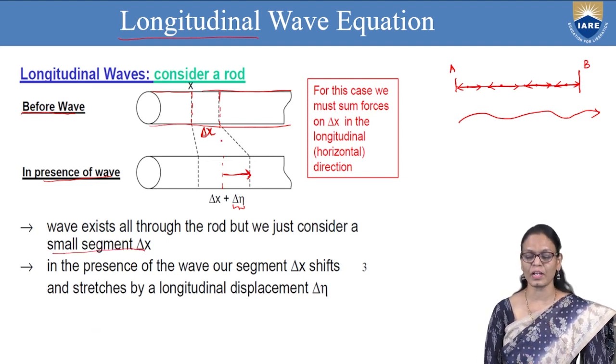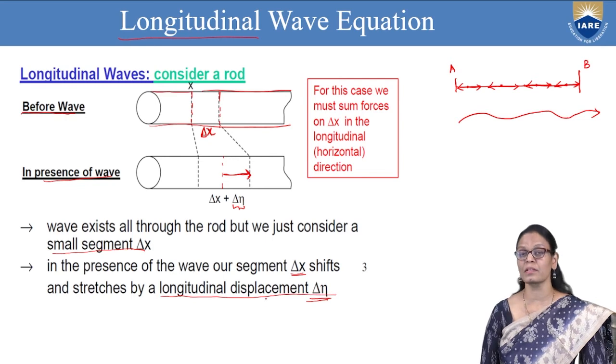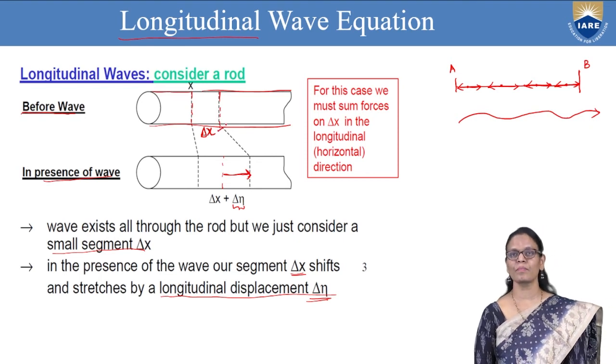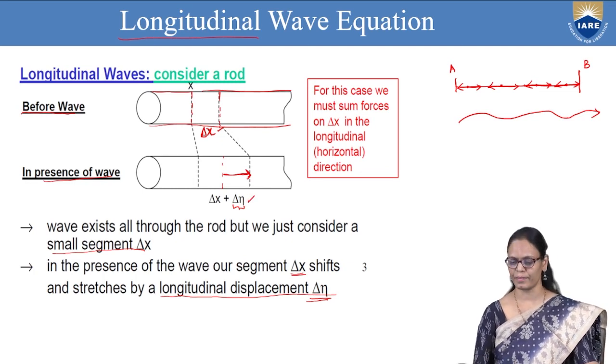In the presence of the wave, this segment delta x shifts and stretches by a longitudinal displacement delta n. Delta n represents the longitudinal displacement. So we know delta x we have considered, and because of the wave, there is a displacement which is denoted by delta n.